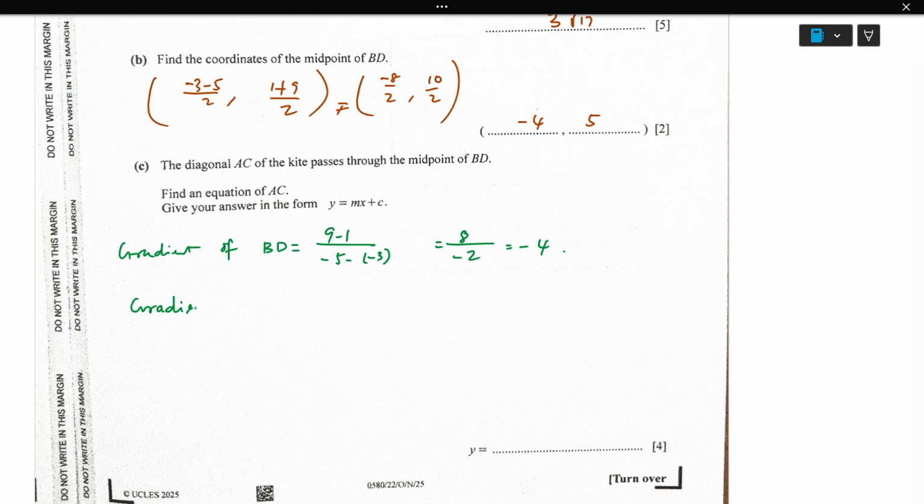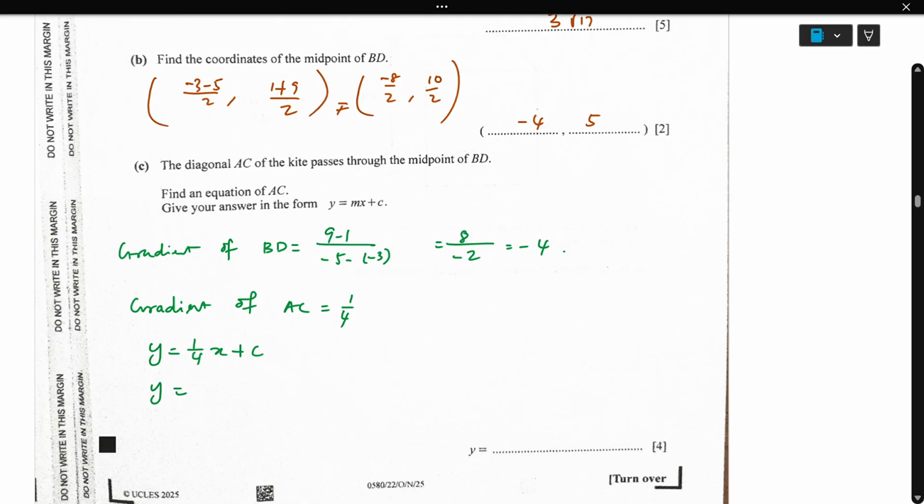So the gradient of AC is the negative reciprocal. The negative becomes positive, then 1 over 4. So now the equation becomes y equals 1 by 4 x plus c for the AC line. It passes through the midpoint, which we already have as (-4, 5).